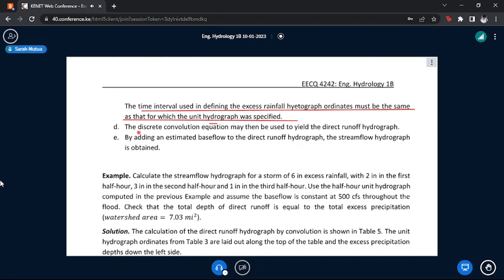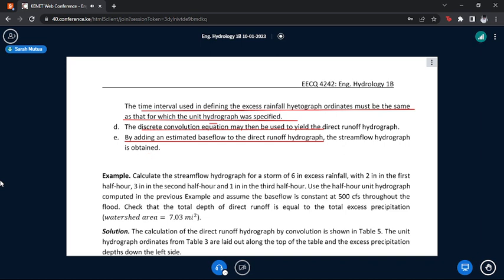Then you apply directly the discrete convolution equation to yield the direct runoff. And after you have done that, if you want to get the total discharge, you can now add estimated base flow to the direct runoff to get the stream hydrograph.